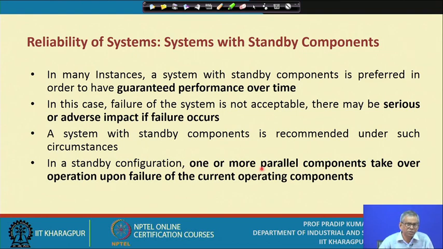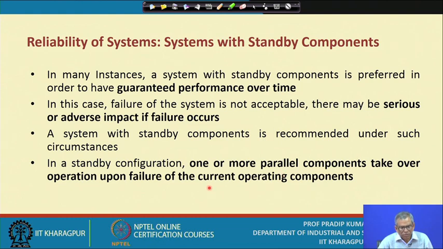That means you have a basic component, and the basic component is linked with one or more parallel components. There could be one standby, or in general n number of standbys, depending on the systems you are modeling.